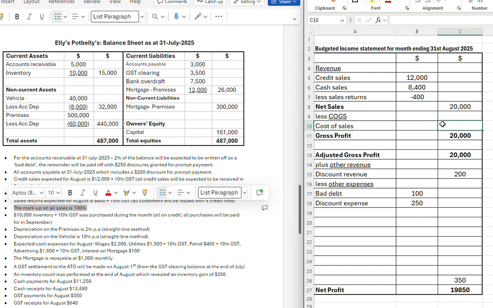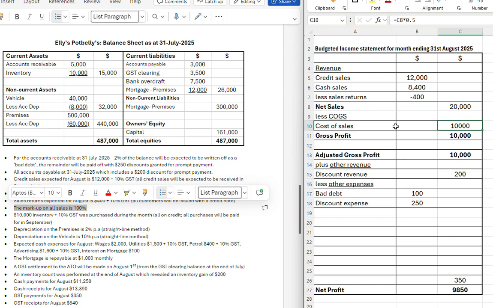And we can simply work that out in our head, or I'm just going to use Excel, equals, I take the net sales figure and I multiply that by 0.5. And then our GP is half of our net sales. And think about it the other way, and in reverse, cost of sales is 10K.